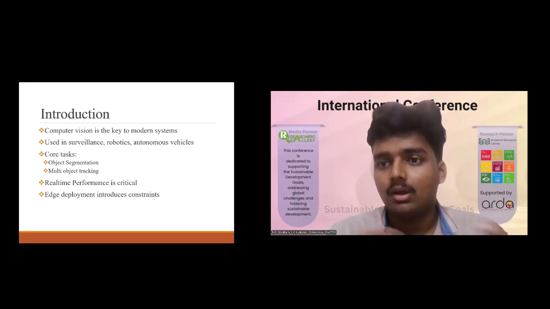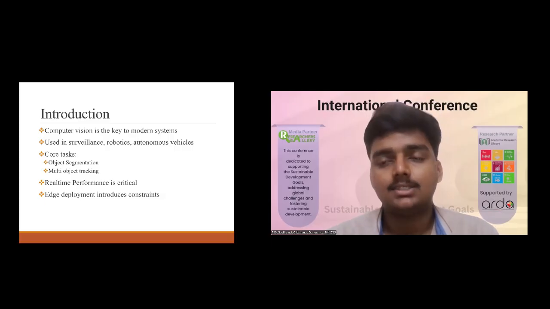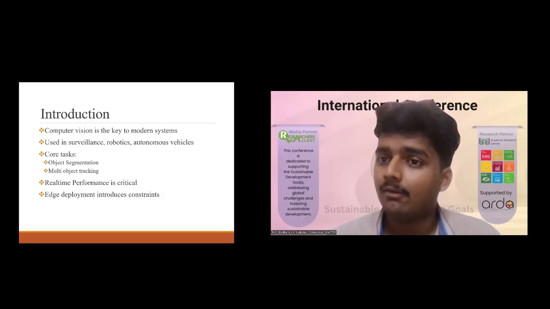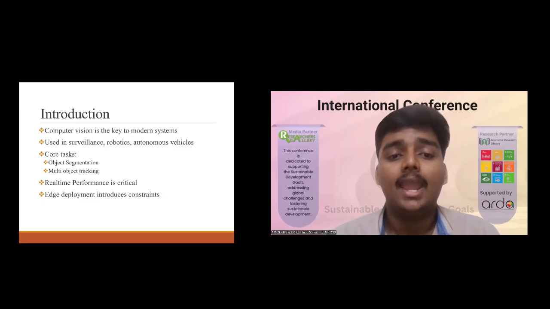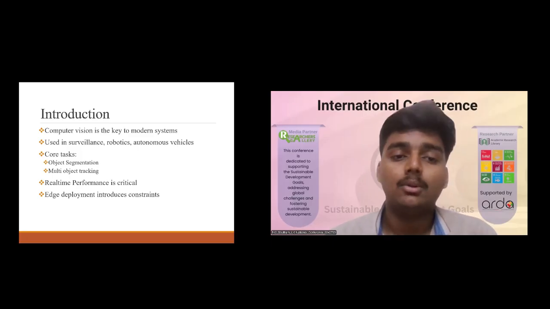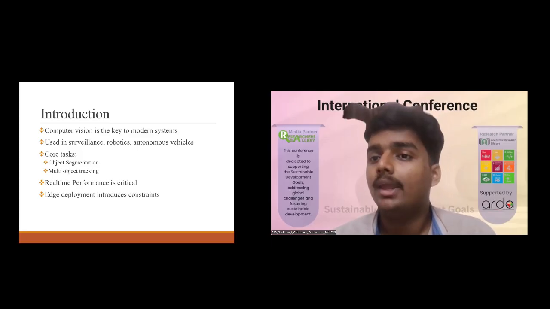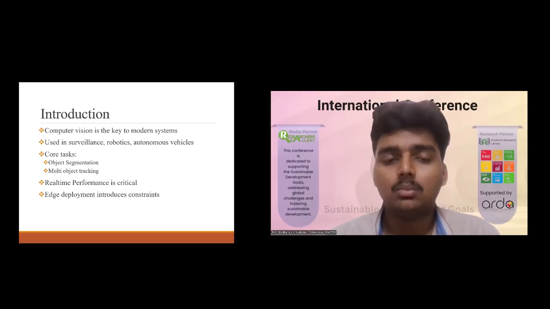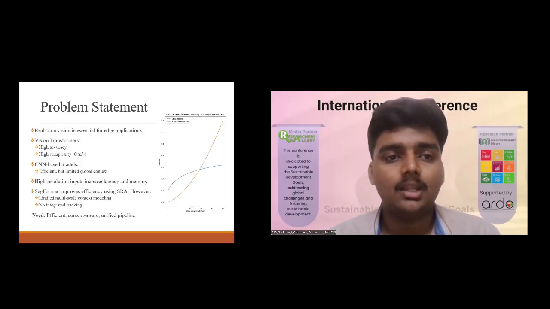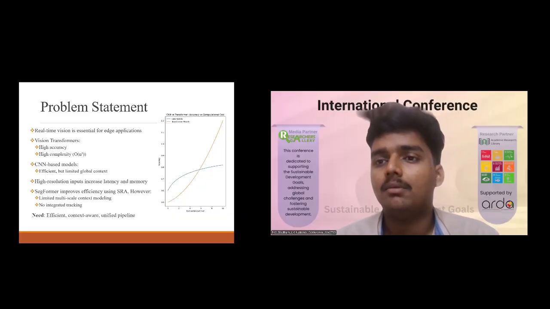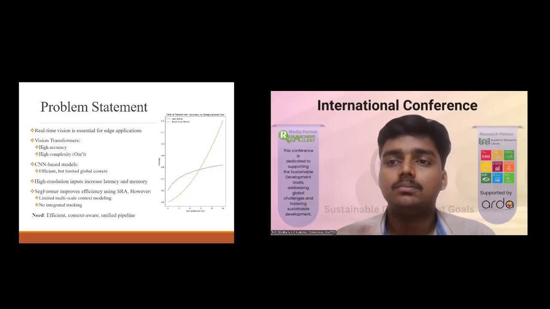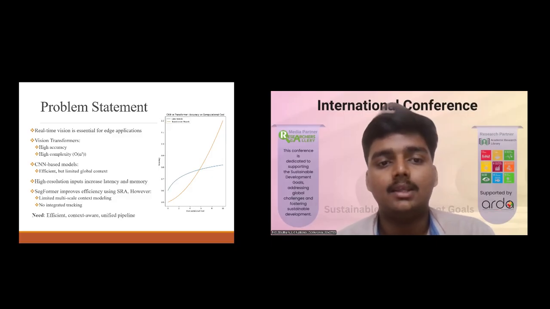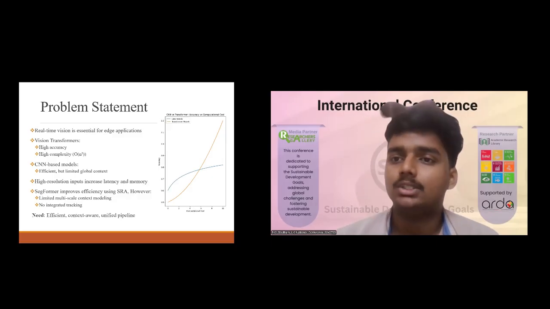All these operations we discussed above are computationally heavy, and we can't use them on an edge device. Real-time performance is also crucial if it is used for surveillance and similar applications. Coming to the problem statement, we are comparing a normal CNN-based model and a vision transformer.